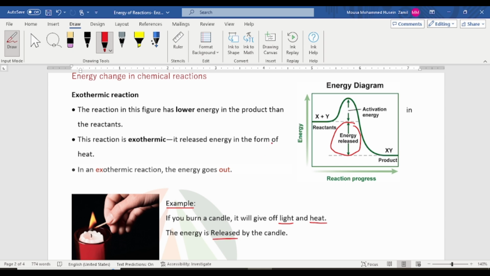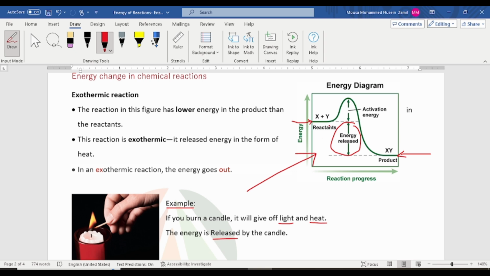How do we know from the diagrams over here that the energy is released? As I mentioned in the previous video, we start with this level of energy for the reactants, and for the products, as you see here, the level of energy in this area, which means there is a decrease in energy.